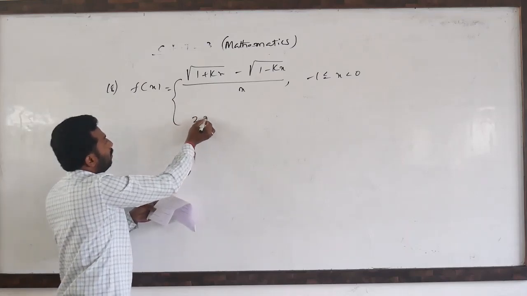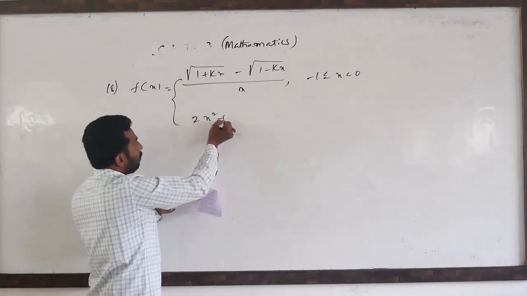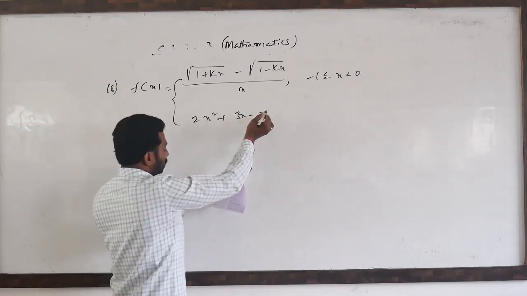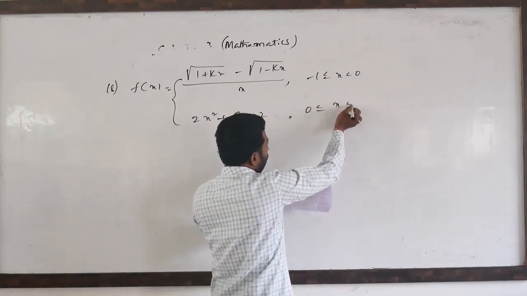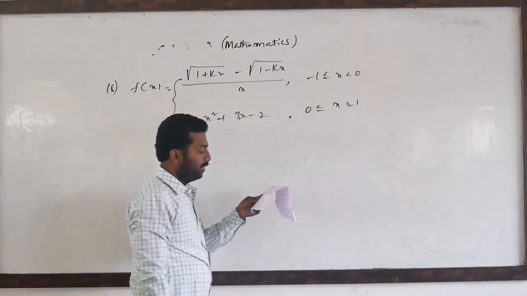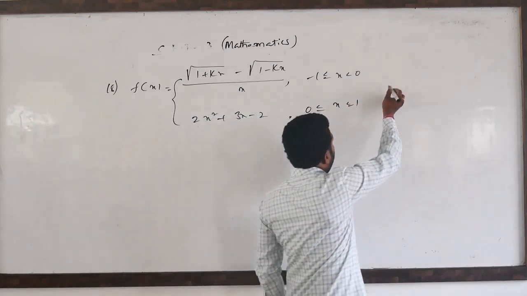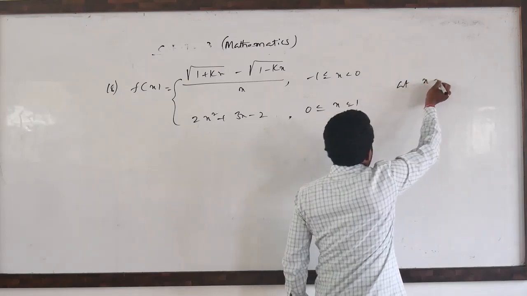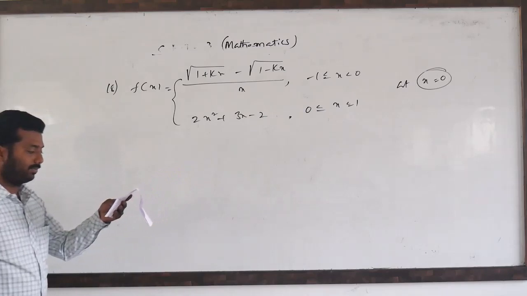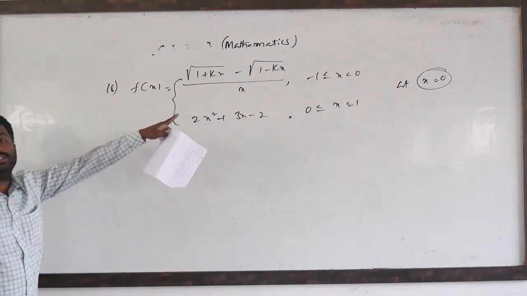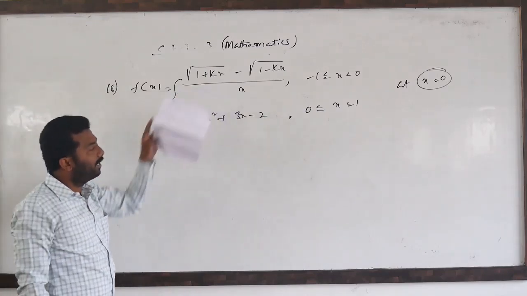This is 2x square plus 3x minus 2 whenever 0 less than or equal to x less than or equal to 1. So this function is continuous at x equal to 0, they are telling. Then they are asking k value. If this function is continuous at x equal to 0, what is k?